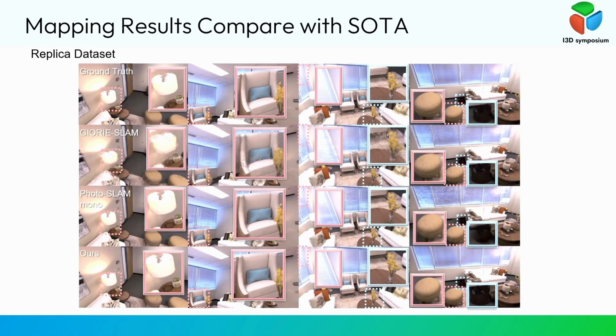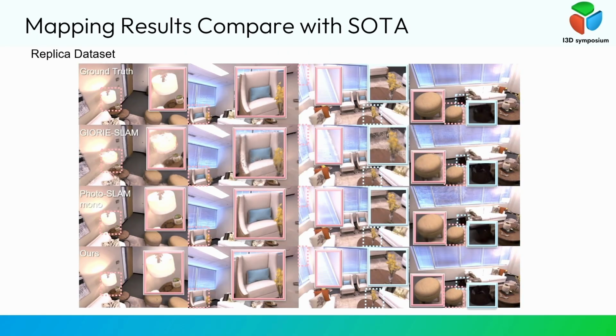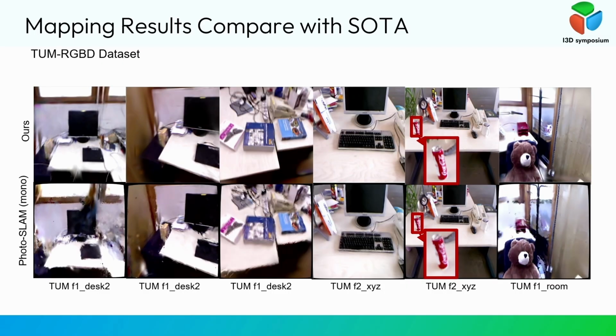The previous results are all shown on the Replica dataset, which is a synthetic dataset. Of course, people believe that the Replica dataset makes it easier to get higher performance. But now we also tried our method on the TUM RGBD dataset, using only RGB as the input instead of RGBD.